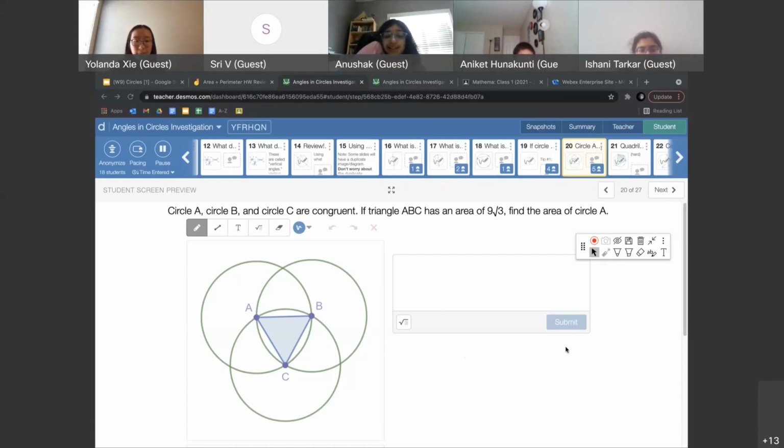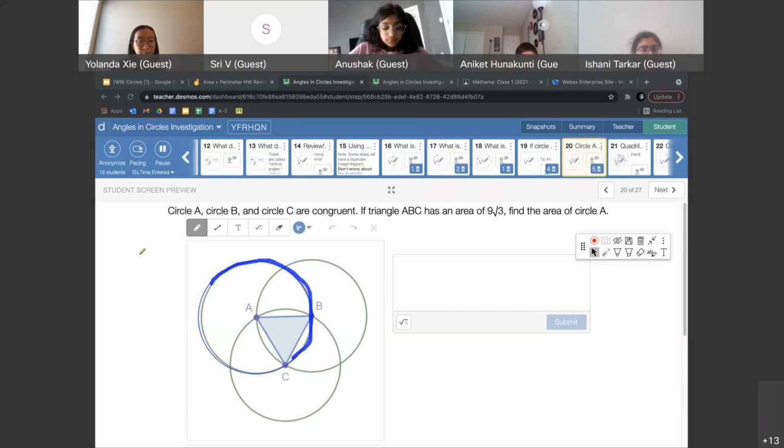Circle A means the one with the center point of A. Could you show it? Yeah, sure. Okay, so the whole of that circle? Yeah, the area of this whole circle.